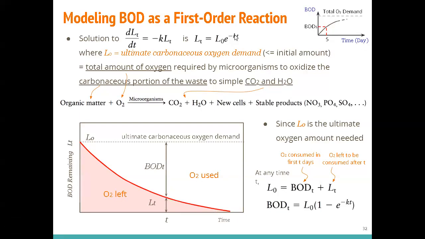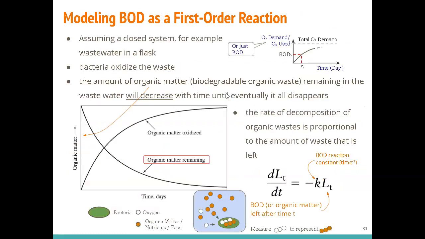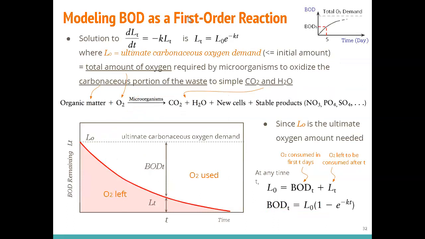The time in the equation is T. K is the BOD reaction constant, and you have the minus in here because it's telling you that it's exponentially decreasing. If there's no negative sign in here, it should be exponentially increasing.